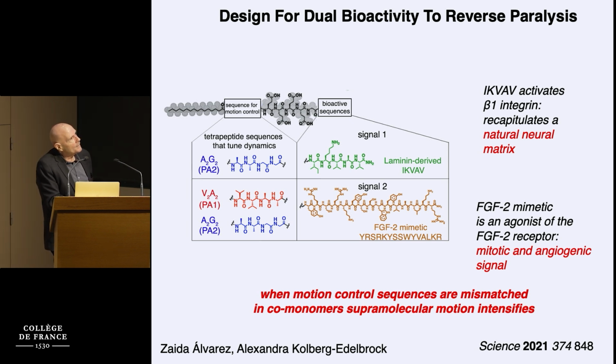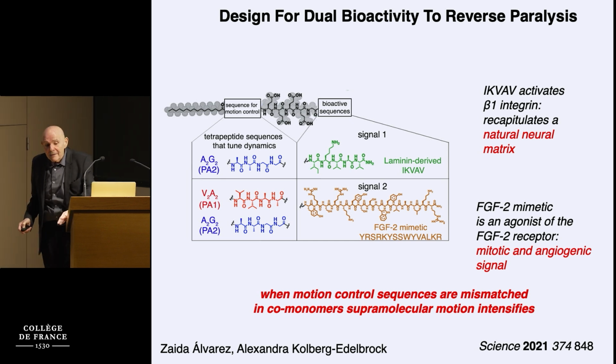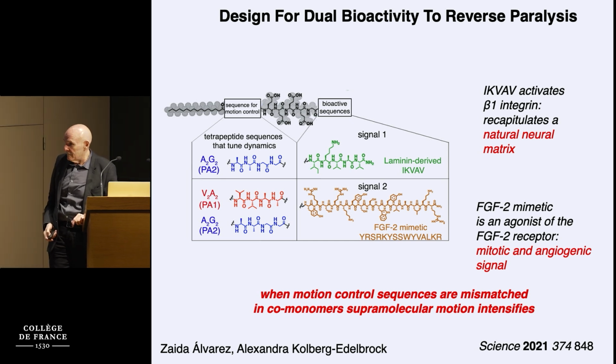Here is the sequence. And so what is remarkable here is that if you put the same A2G2, which is the fast one that makes neurons, in both signals, the paralysis is not restored. I mean, it's restored a little bit.